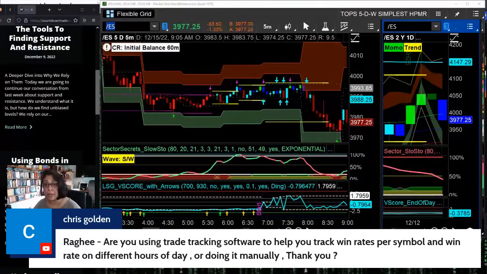And I've been using TradesViz a lot more. So yes, I use trade tracking software, and that makes it really easy when we all start talking about which days of the month, which days of the week, which times of day. I know that I am less than awesome. How do I recognize that? And that's what I use. Absolutely. Thanks for the question, Chris.